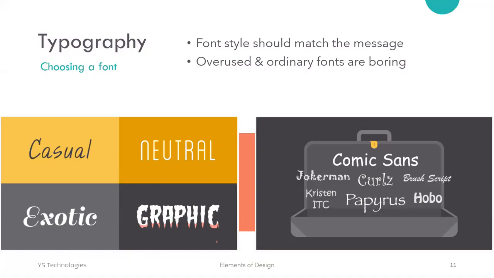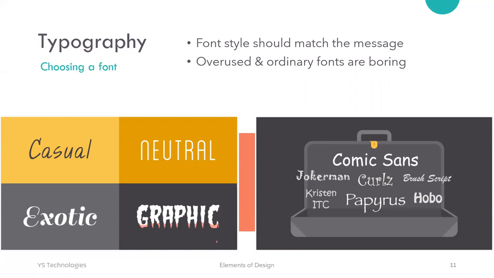Broadly speaking, is it a casual experience for the person? Is it something neutral or something professional? Or is it meant to attract attention or create intrigue? Or is it more of a fun type of experience that you want to provide to the user?